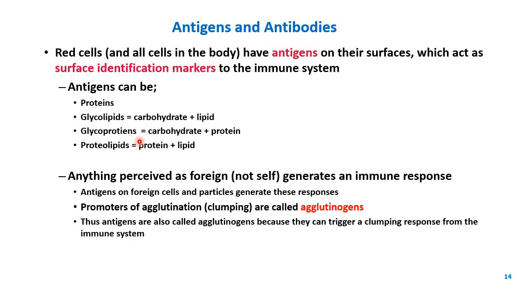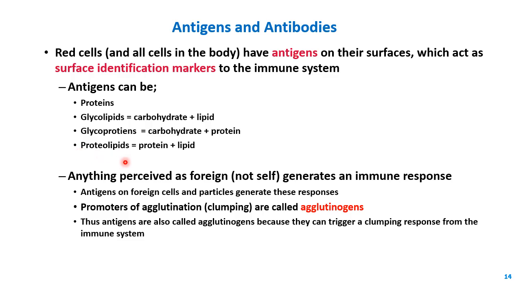What are antigens? Anything can be an antigen. It can be a little piece of protein. It can be some form of carbohydrates chained together. You can also have carbohydrates with proteins, which they call glycoproteins. You can have proteins and fats or lipids, which you call proteolipids.